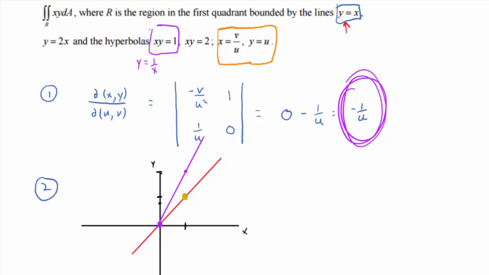It'd go through 1, 1, and then what else? If I plugged in 1/2, it would go through 2, wouldn't it? Up here. And it kind of swings down like this. So that's y equals 1 over x. Would everybody agree with that?